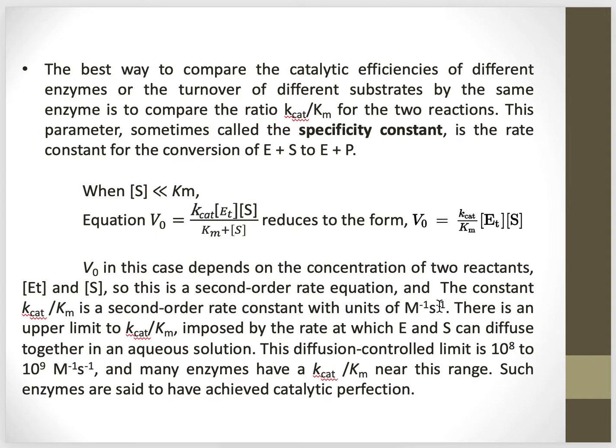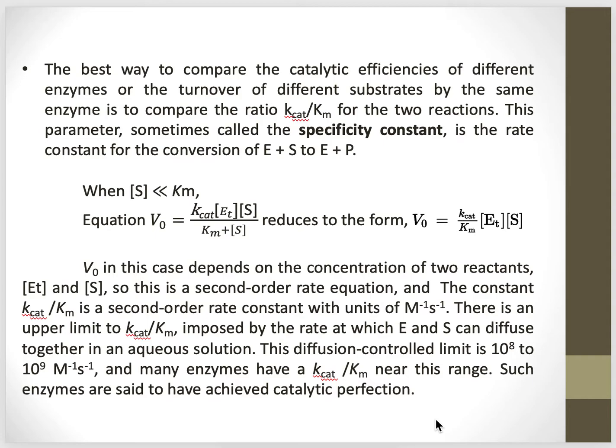Now there is an upper limit to kcat by Km, imposed by the rate at which enzyme and substrate can diffuse together in an aqueous solution. This diffusion control limit is 10 to the power 8 to 10 to the power 9 per molar per second.